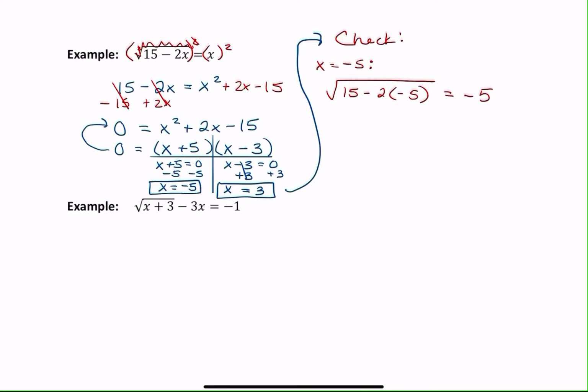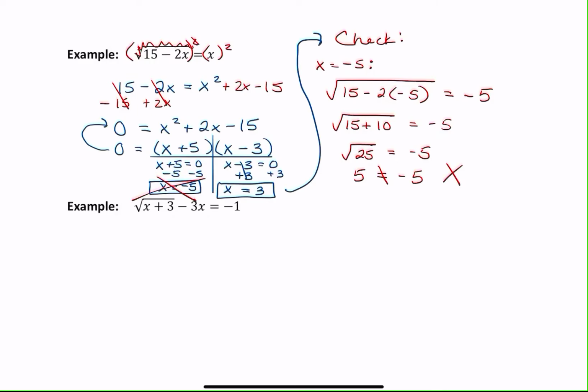Just plugging in negative 5 for x, which is going to give me 15 plus 10, so the square root of 25 equals negative 5, which means 5 equals negative 5. Well, that's obviously not true. So our x equals negative 5 does not work here.